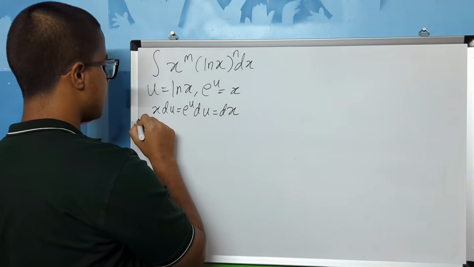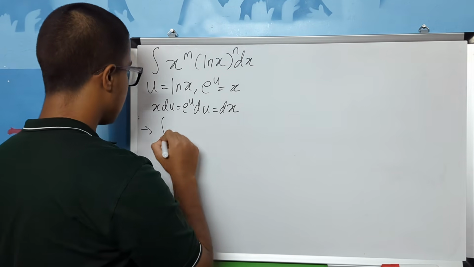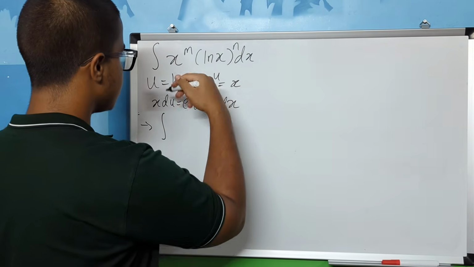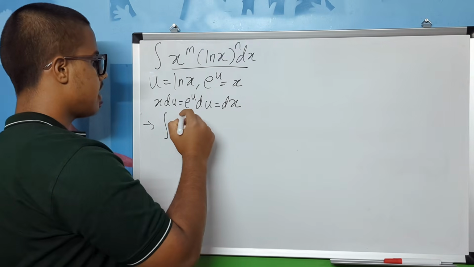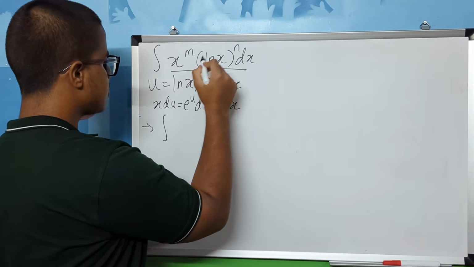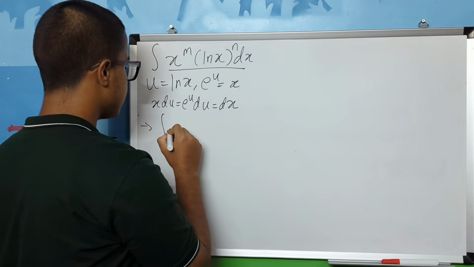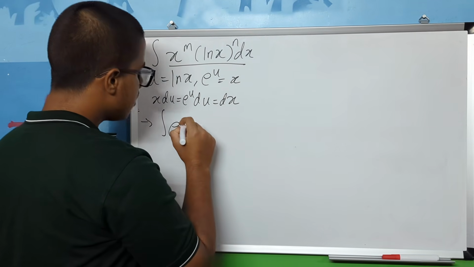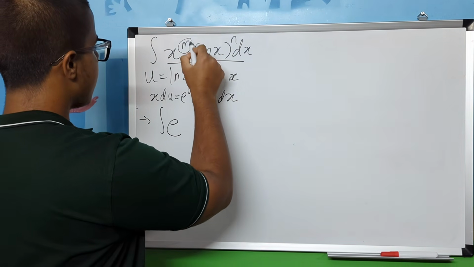So this is going to be our main bubble. And then we can just sub all of this back into this expression. We need our x to the m, and e to the u is x, so this becomes e to the mu, because this is to the power of m.